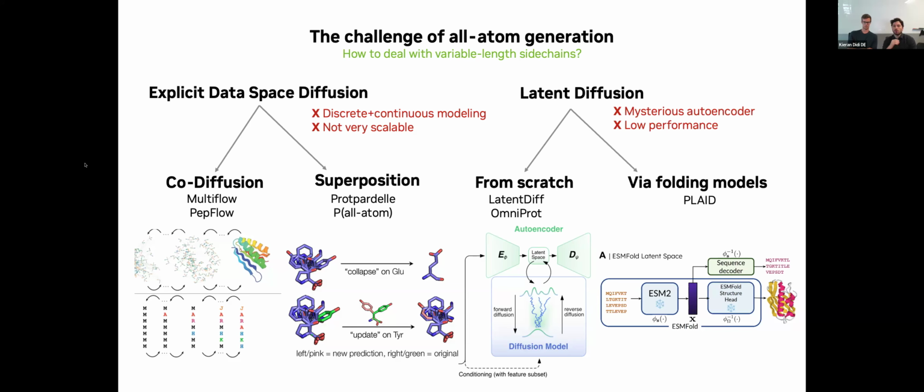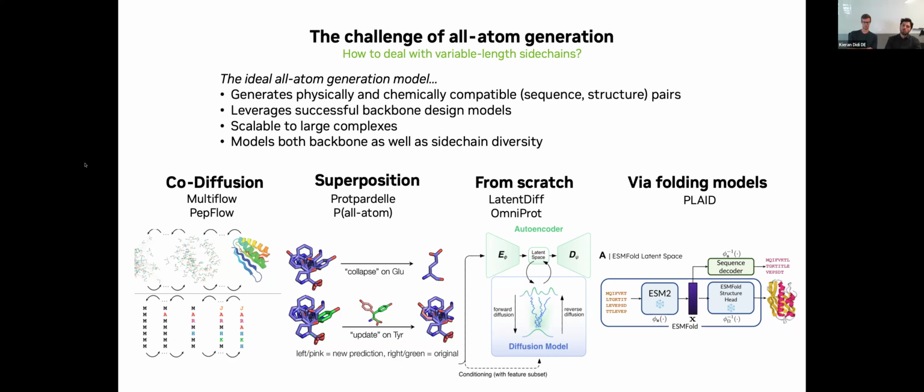What we observe for these models is that in some cases, for instance, in PLAID, the autoencoder was not trained for this task, and it's super high dimensional, not that easy to handle. But overall, what we observe is that all of these methods that operate in latent spaces deliver somewhat not very satisfying performance.